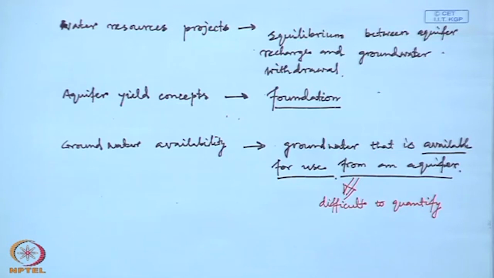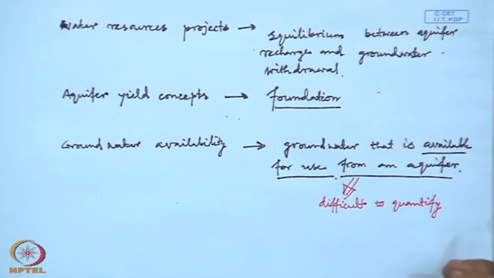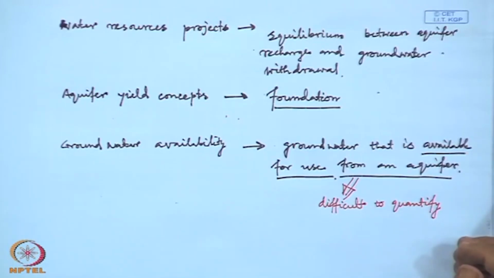So, with simple formulas or equations, we cannot directly calculate this particular availability.